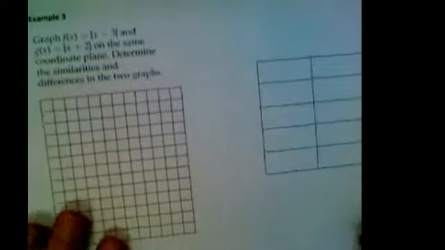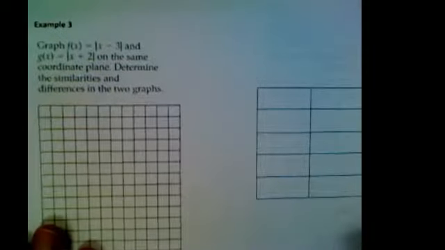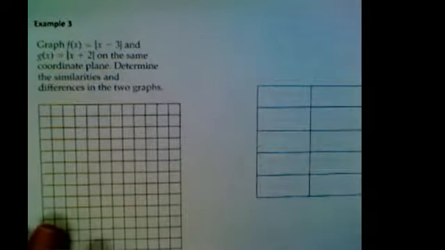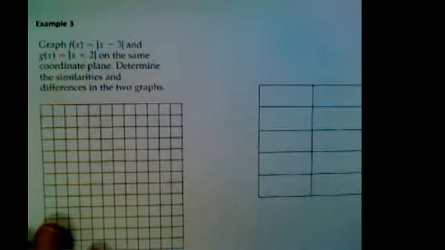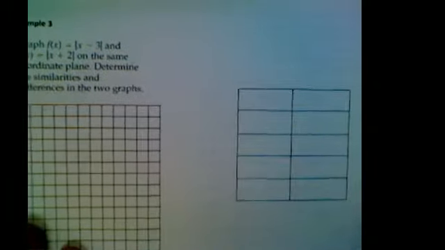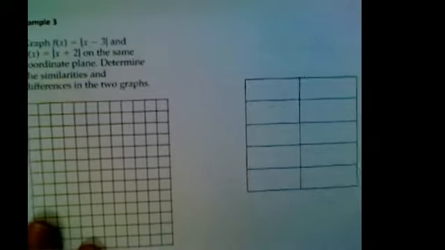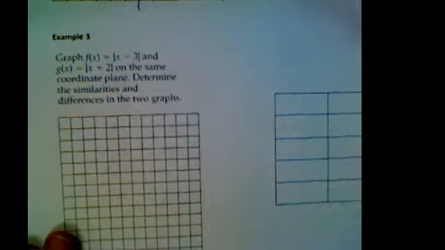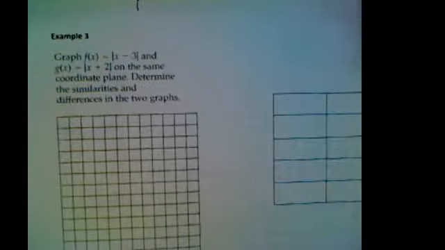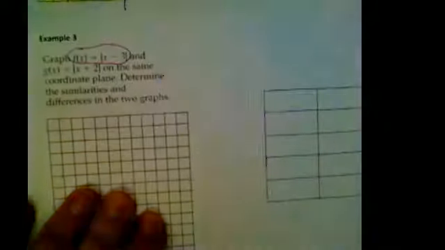Next we have our absolute value function. Let's see if I can make this any bigger. Nope. It's all good. So next we have absolute value functions. Okay, and I want to graph both of these to show you guys how they change. So the very first one that I want to graph is this f of x, the absolute value of x minus 3.